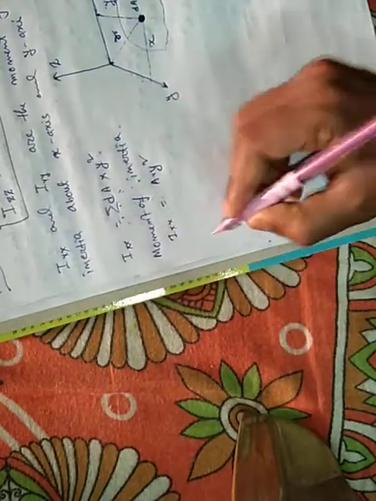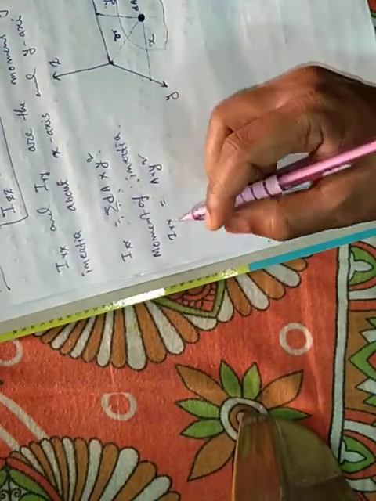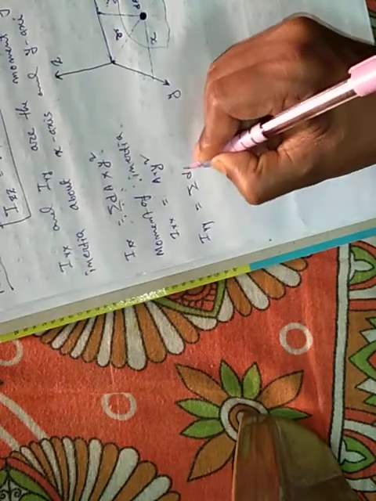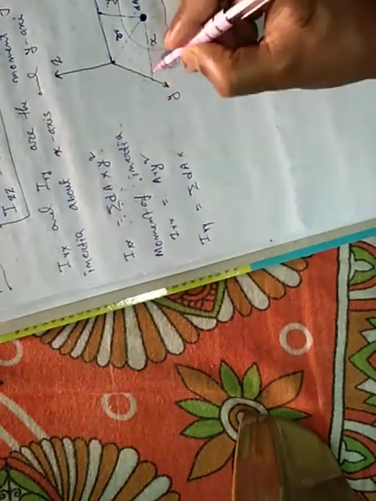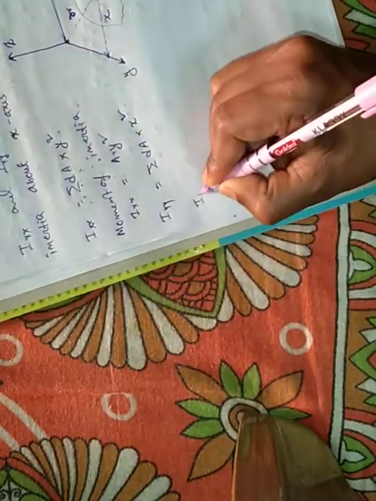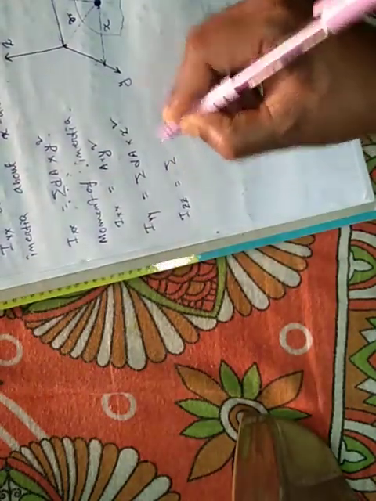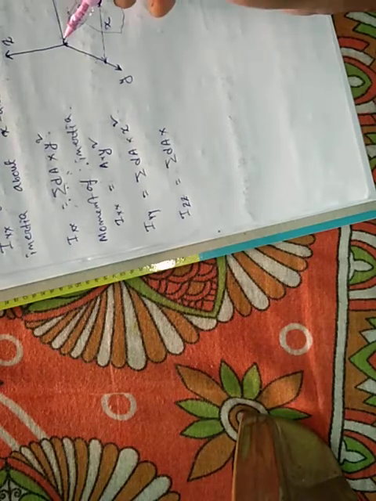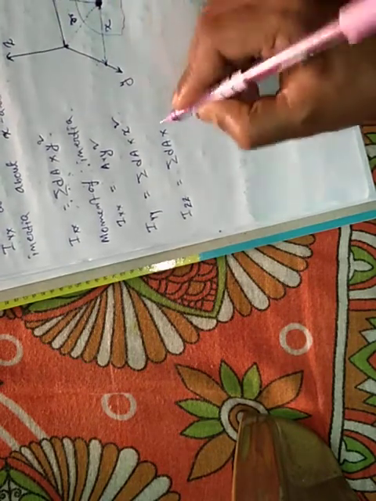Now similarly, moment of inertia about the y-axis equals summation of small area dA into perpendicular distance x square, and moment of inertia Izz equals summation of small area dA into perpendicular distance r square.